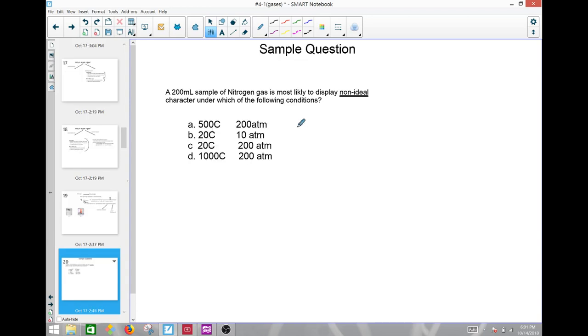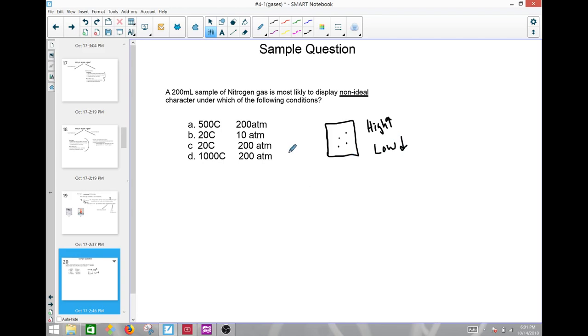All right, sample question here. A sample of nitrogen gas is most likely to display non-ideal behavior under which conditions? All right, so we want a container where the particles are able to interact with one another. You want it to be as high a pressure as possible, that means they're close together, and you want the lowest temperature, because that means they're going slow.